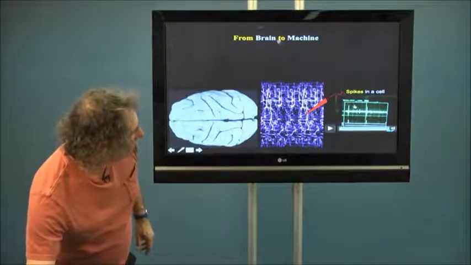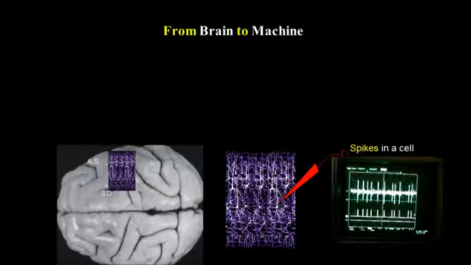So here is how it looks. This is the electrical activity of one cell in the brain of a mammal, in this case in the cortex, when the animal is doing something. So you see that the brain fires, we call it fires, some electrical activity.